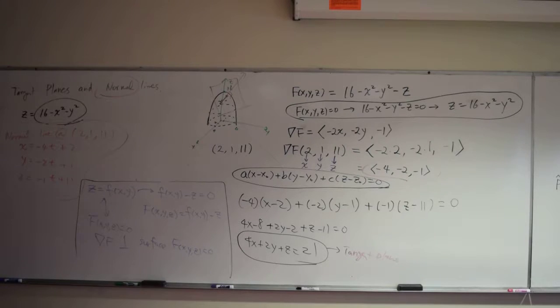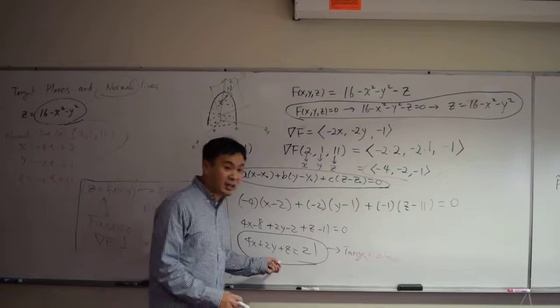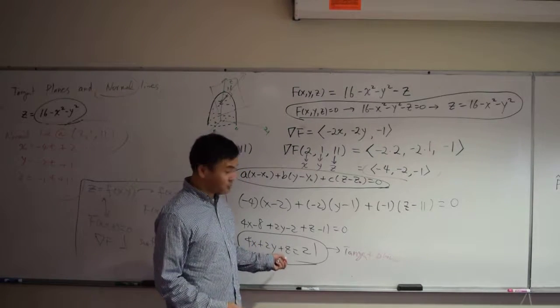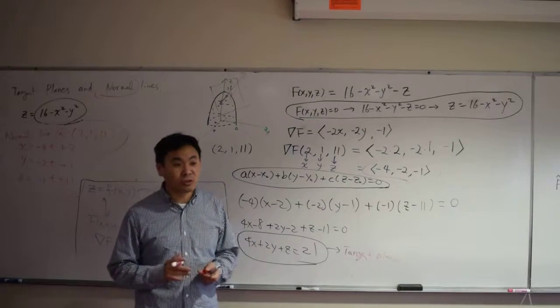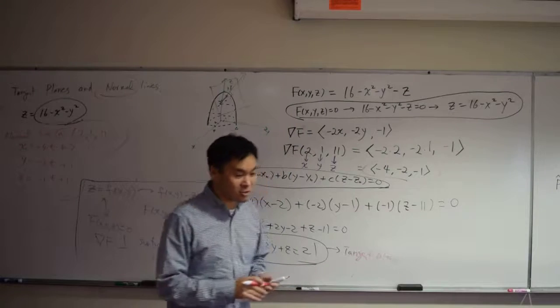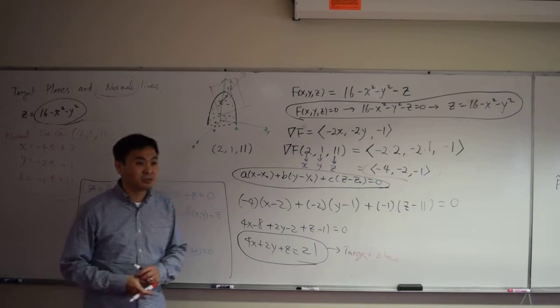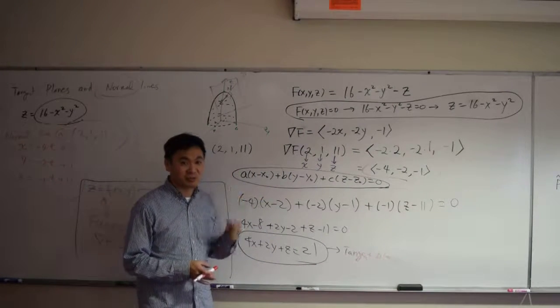So sometimes you would be asked to find the equation of the normal line, in which case you should write down the line equation. Sometimes you would be asked to find the equation of the tangent plane, which would be using this plane equation. Don't ever confuse the two. I've seen people confusing the two and writing down a line for questions that require planes and vice versa.